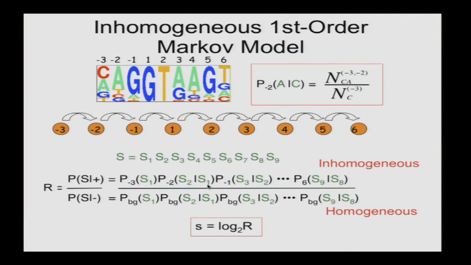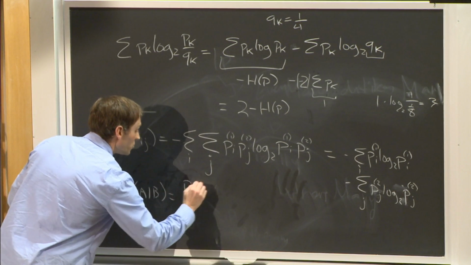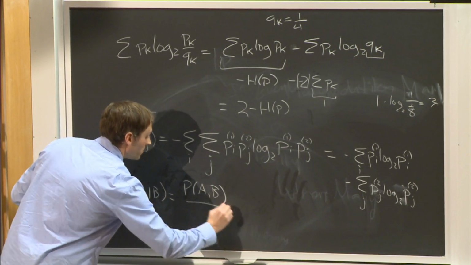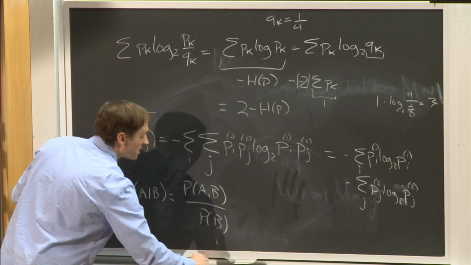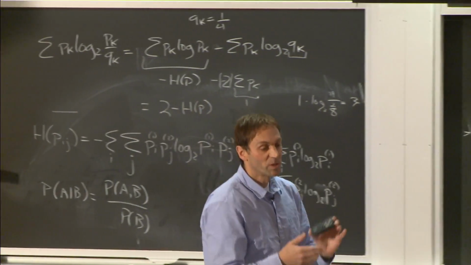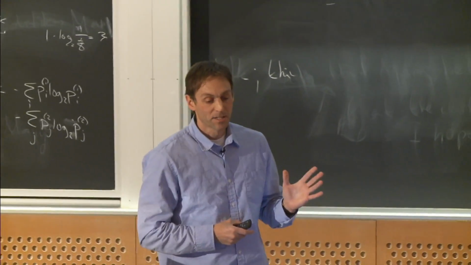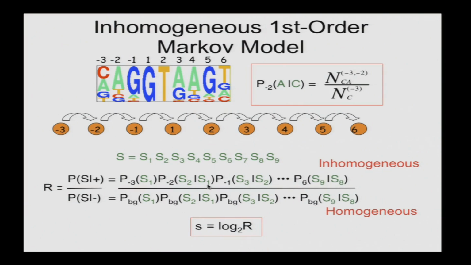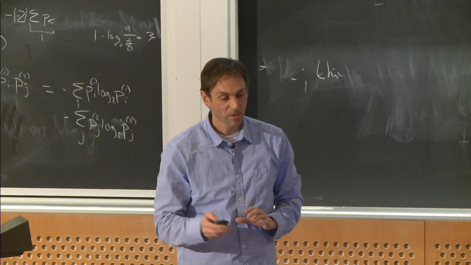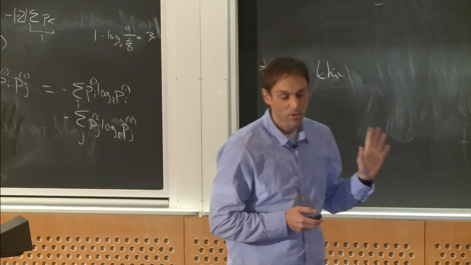So remember, conditional probability of A given B is the joint probability divided by the probability of B. And so in this case, that would be the joint probability of seeing CA at minus 3, minus 2, divided by the probability of seeing C at minus 3. You could have the ratio of the frequencies, or in this case, the counts, because the normalization constant will cancel. Is that clear?